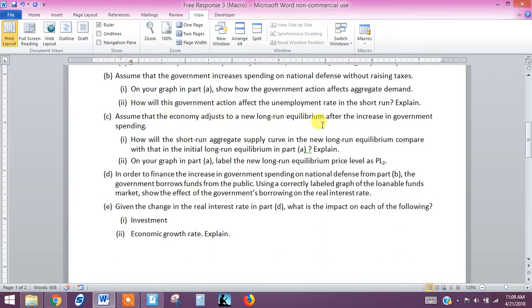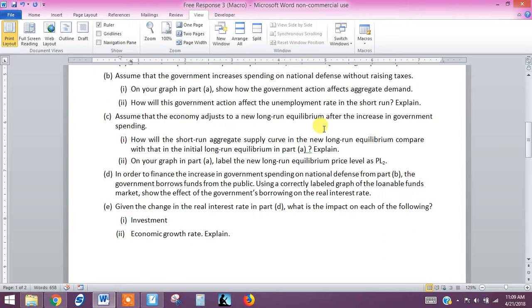Now we're going to assume that the economy adjusts to a new long-run equilibrium, which means you're going to be back on the long-run aggregate supply. So how will the short run aggregate supply curve in the new equilibrium compare with that in the initial?